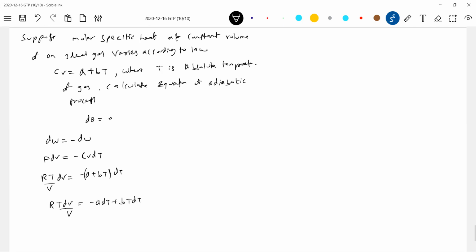Keep it like this here. So dV by V, here R will be there. Minus, let me keep R here only. So here this will be A dT by T plus B dT.